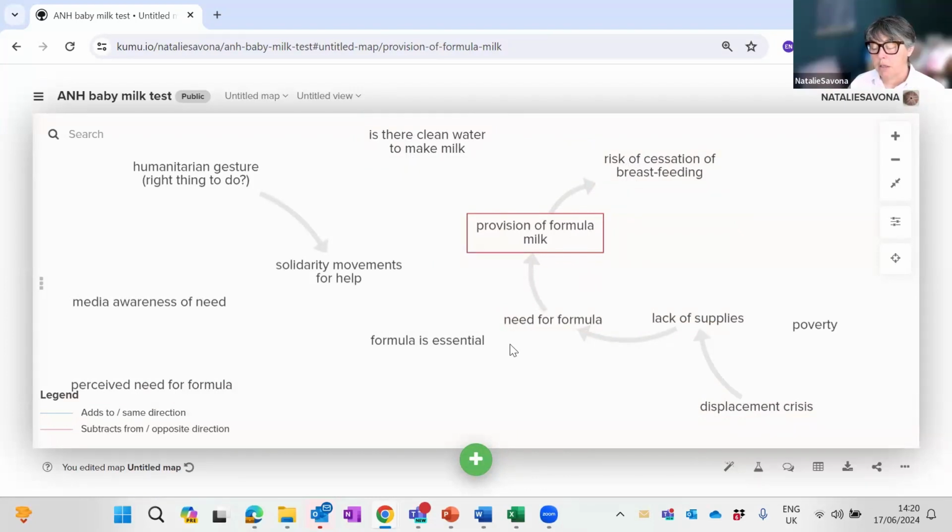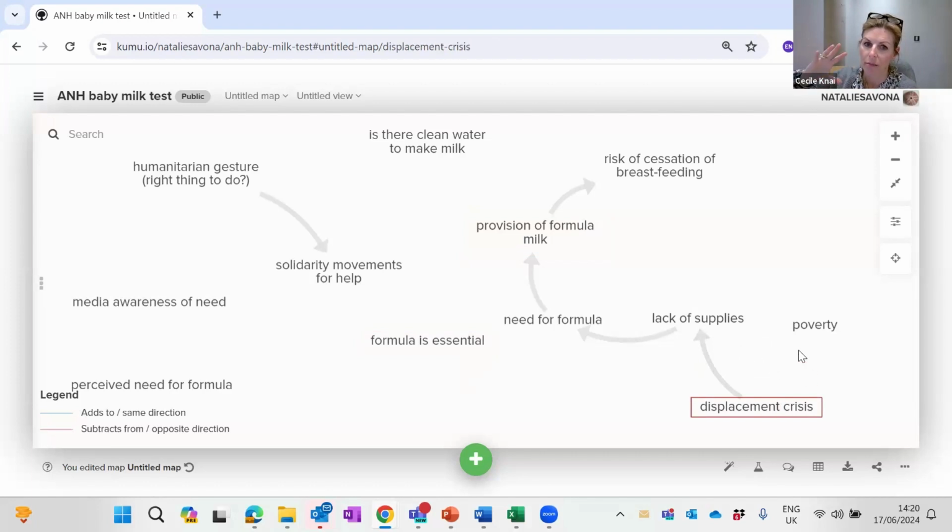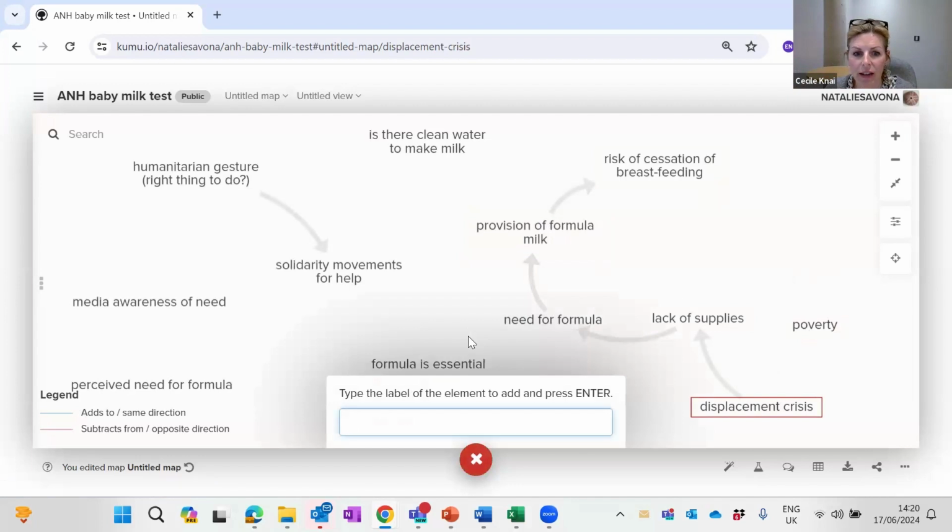Or if we wanted to formulate it differently, so if someone said provision of formula milk is decreasing, actually that was Hala or someone else's point, that it decreases confidence in breastfeeding. So could you illustrate that? Yeah.